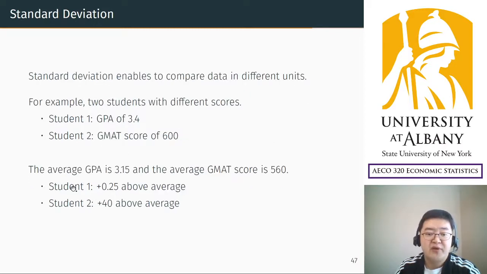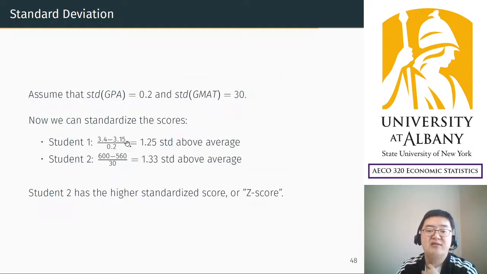So remember, student 1 is 0.25 points above the average, and when you compare that to its standard deviation, it's 1.25 standard deviations above the average.